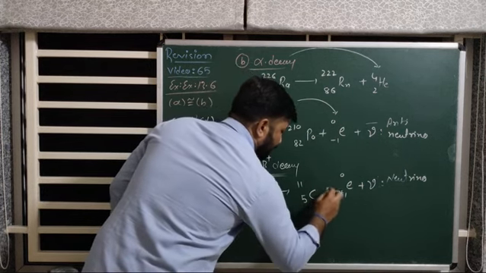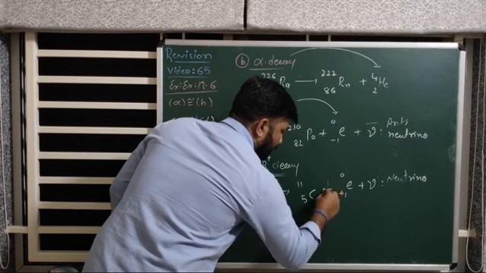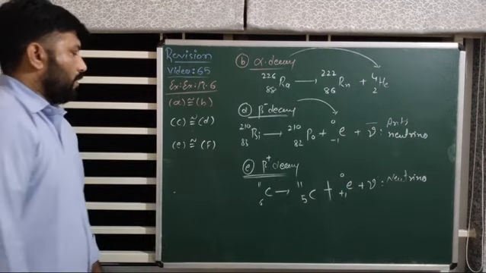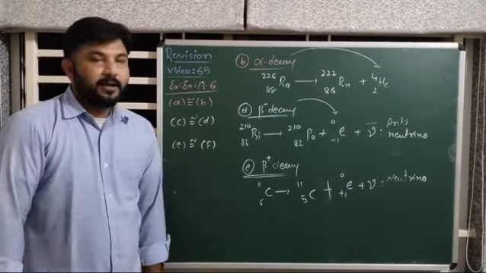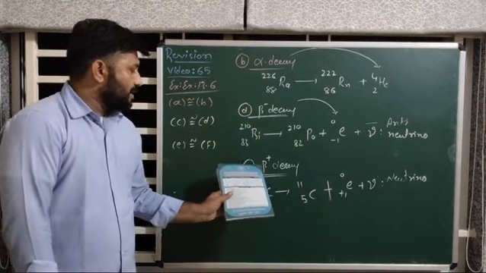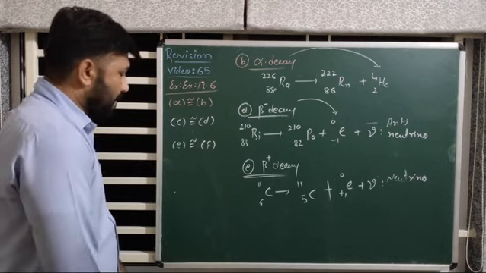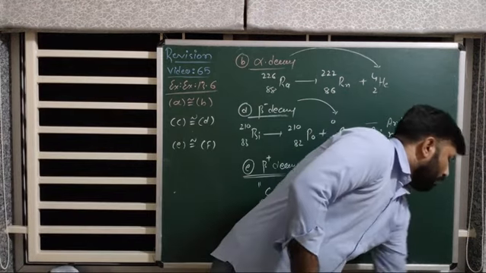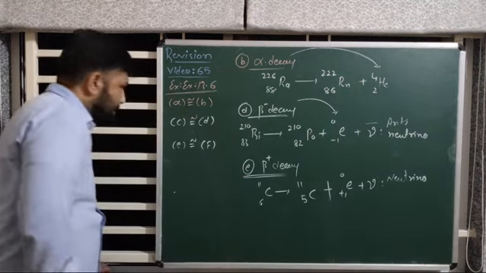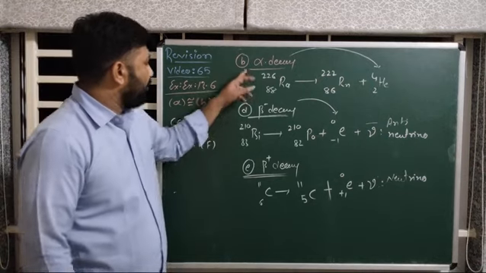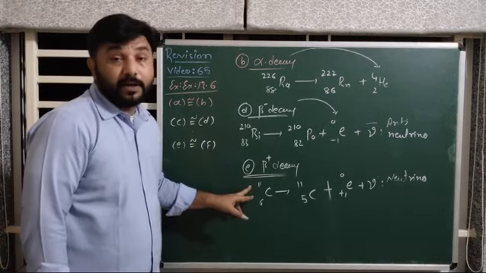Okay, so this is the equation. Simple thing is there. And G, again it is for beta plus. So by this way we will have the revision of that alpha decay, beta decay and beta plus.